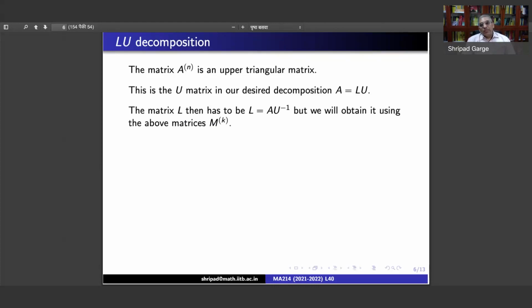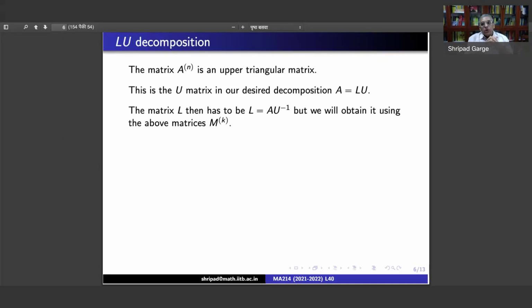But we have to know whether it's a lower triangular matrix. Our U is upper triangular, that is all right. Given A, we have the corresponding U using the algorithm given by Gaussian elimination method. And if you multiply your A by U inverse, now on the right, do you get a lower triangular matrix? Well, it's not very clear.